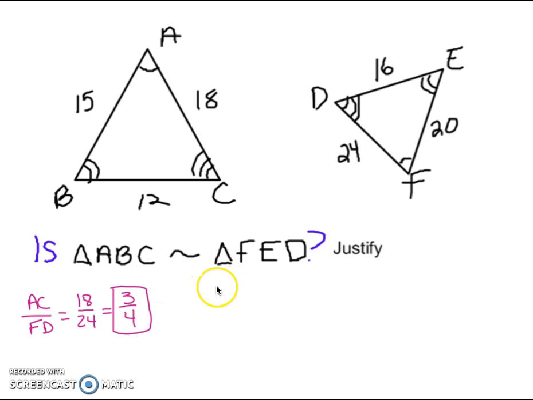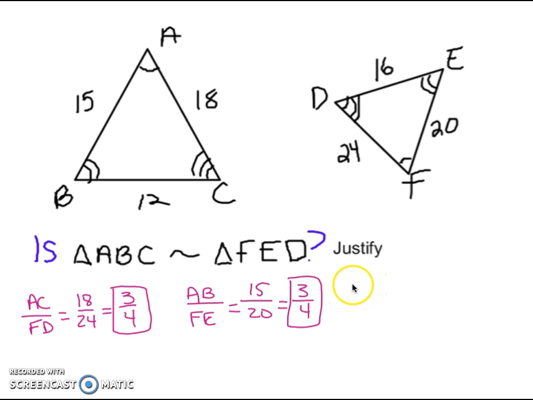And then we could take AB, so AB over FE, and when we plug in those values, AB is 15 and FE is 20, and again that would reduce down to 3/4.